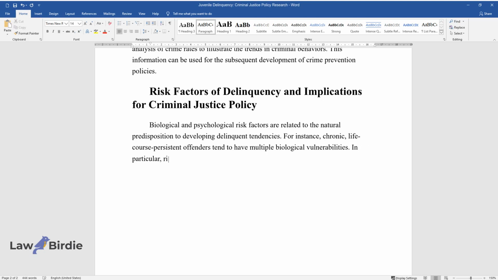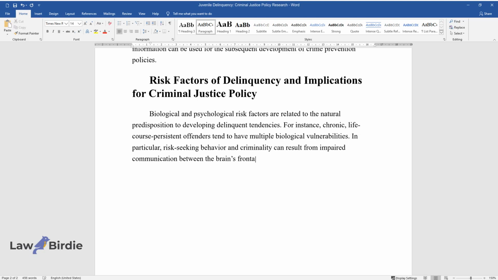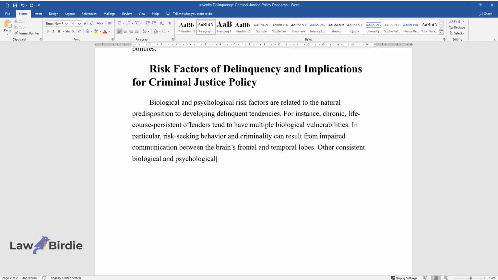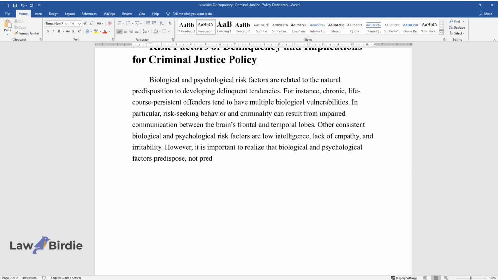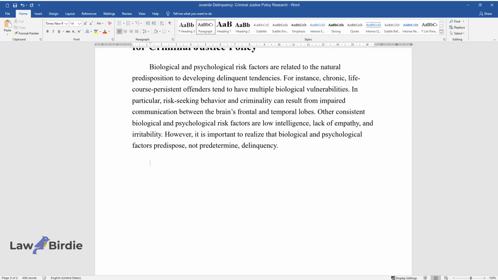In particular, risk-seeking behavior in criminality can result from impaired communication between the brain's frontal and temporal lobes. Other consistent biological and psychological risk factors are low intelligence, lack of empathy, and irritability. However, it is important to realize that biological and psychological factors predispose, not predetermine, delinquency.